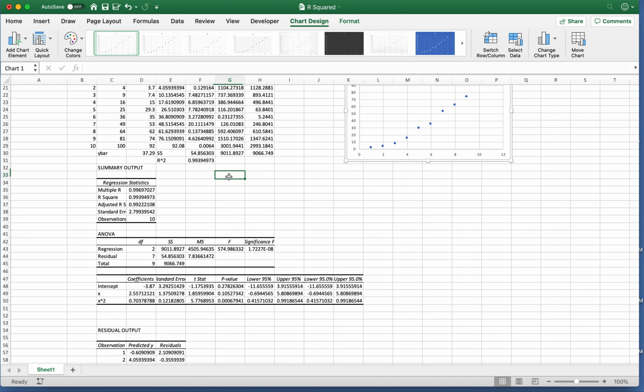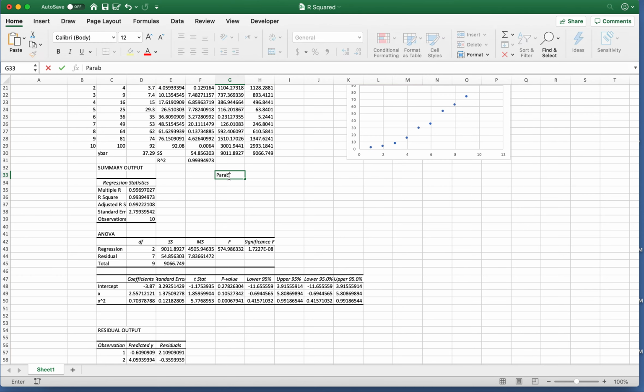What this is saying is that the parabola of best fit is y equals negative 3.87, that number there, plus 2.557 x, coming from there, and then 0.7038 x squared. So that's the parabola of best fit.